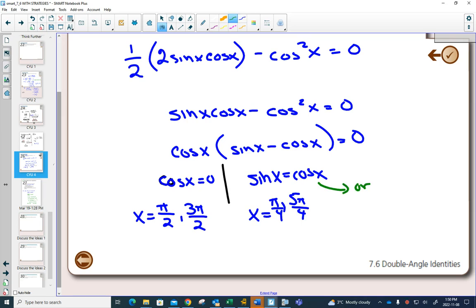Or, the other thing you could do with this equation, sine x equals cos x, is divide both sides by cos, and you would get this. And what can you change sine x over cos x to? And then where is tan x equal to 1? At pi over 4 and 5 pi over 4.